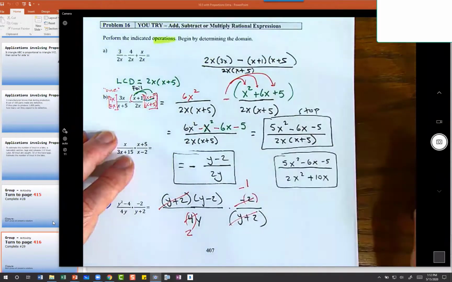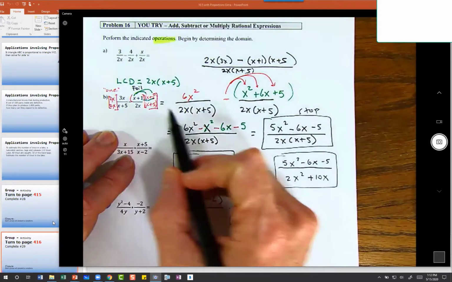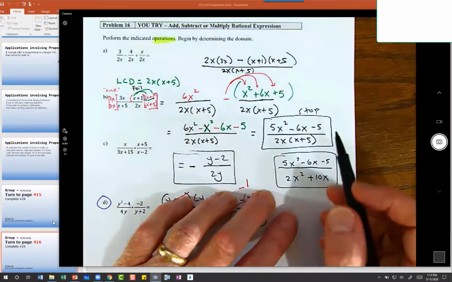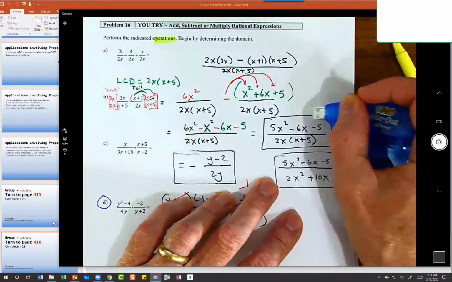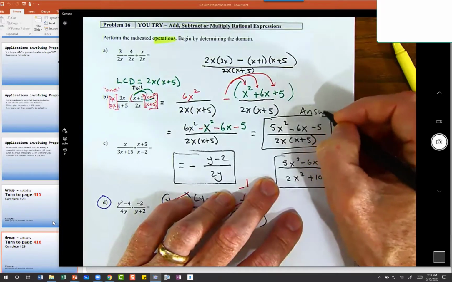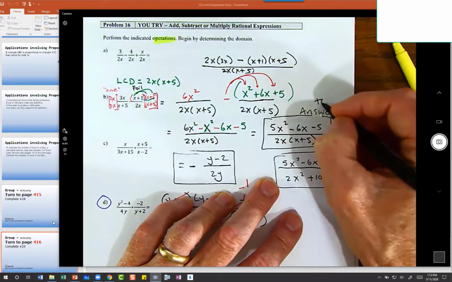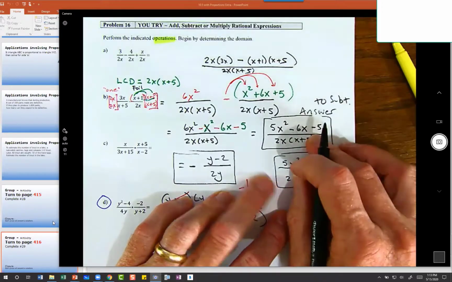So we did that. When we subtracted this, we got the answer right here. This is the operation. This is the answer to the subtraction problem. We're all done with the subtraction.